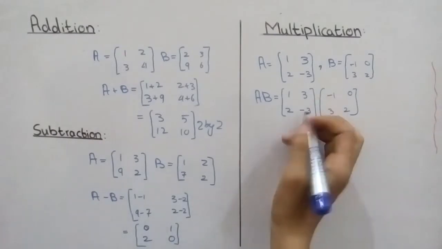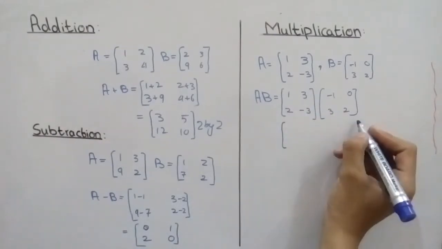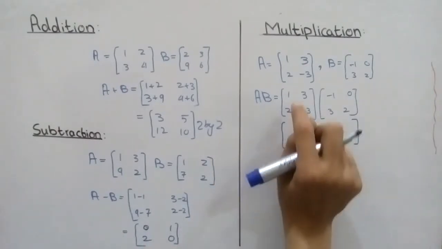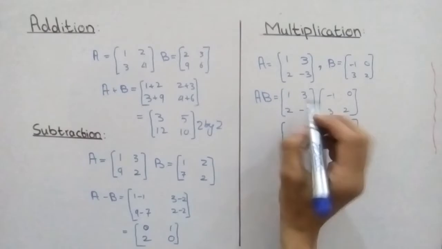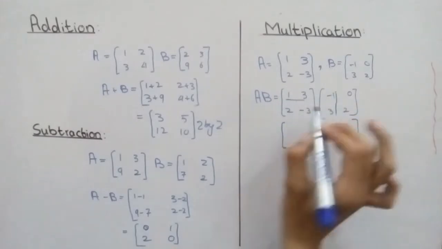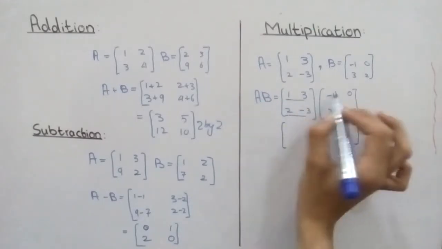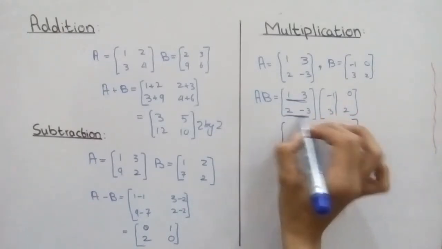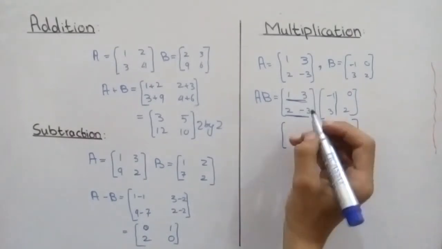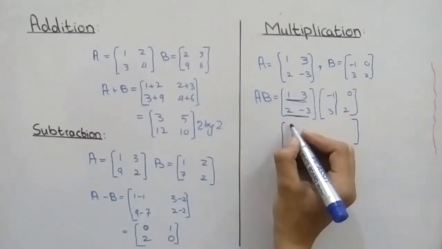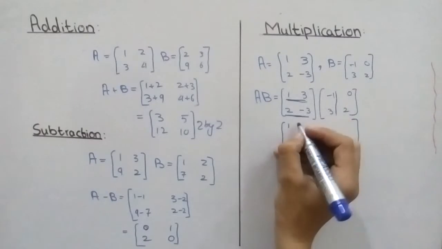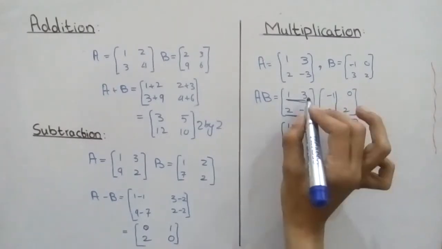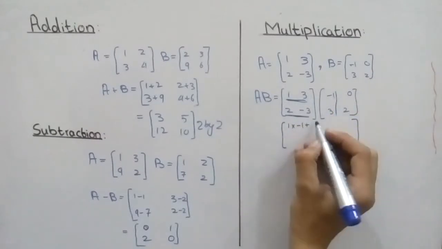Now we will make one bracket out of these two matrices, as we will multiply this row with this column, first this row with these two columns, and then this row with these two columns. So look, we will multiply 1 with minus 1, and then write plus 3 multiplied by 3.